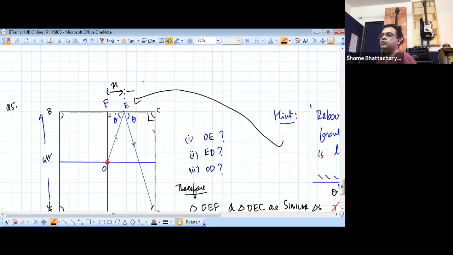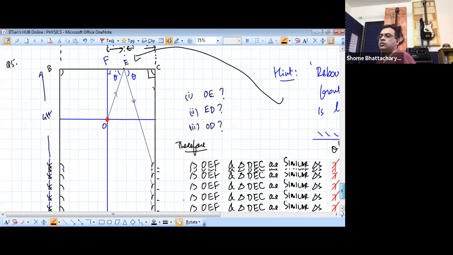अगर ये x है, तो ये 2 minus x होगा. Right? Because this whole thing is obviously 2, no? This is 2 feet, because this is bisecting this whole side. This is 2 and 2.